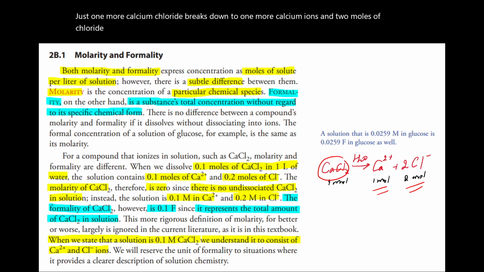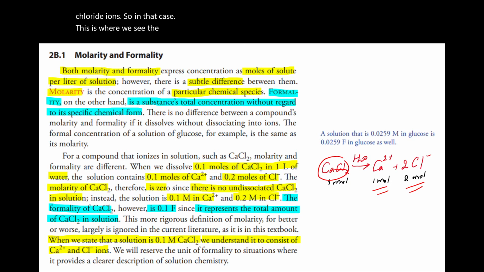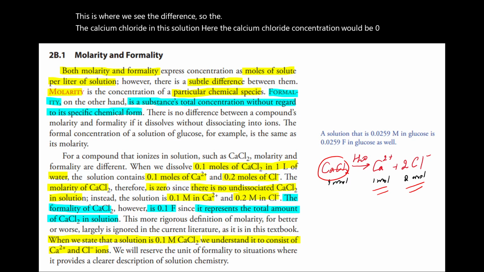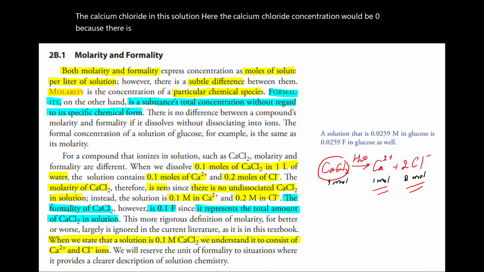So in that case, this is where we see the difference. The calcium chloride concentration in this solution would be 0 because there is no undissociated calcium chloride in the solution. All of it breaks down to its ions.